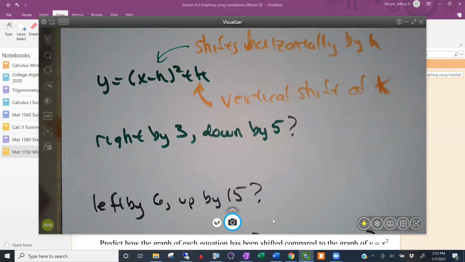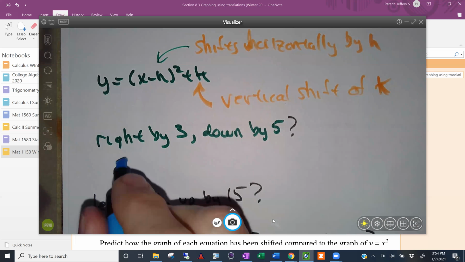One of the things I could do is ask you to reverse engineer some of these things. And this is a good quiz or test type problem. That is, I say, all right, what's the equation of a parabola that's been shifted to the right by 3 and down by 5? So there's two things here. We've got to do the right by 3 and the down by 5. So let's see about both of those.